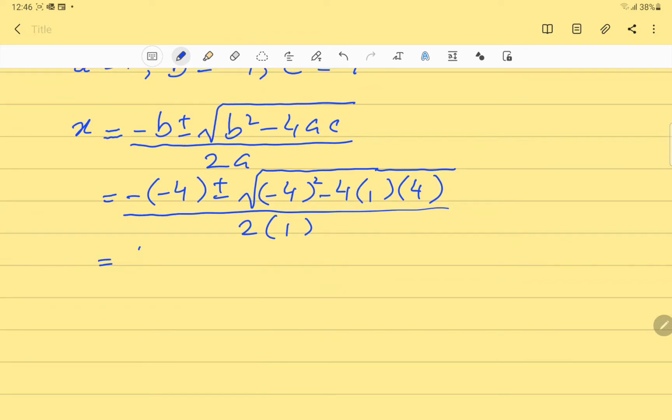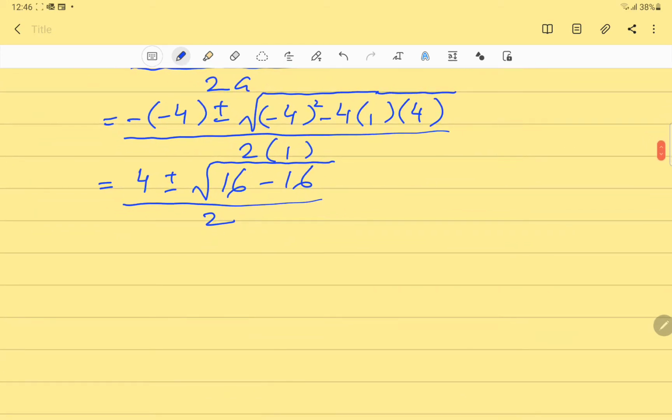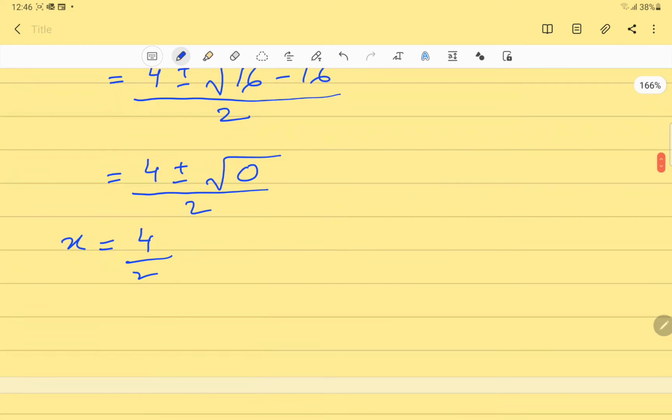Minus into minus 4, it is 4, plus minus 16 minus 16 over 2. So 4 plus minus square root of 0 over 2. So x is equal to 4 over 2, which means x is equal to 2.